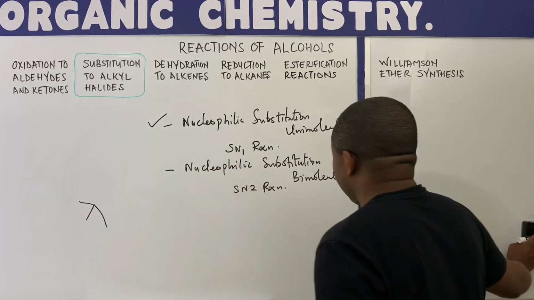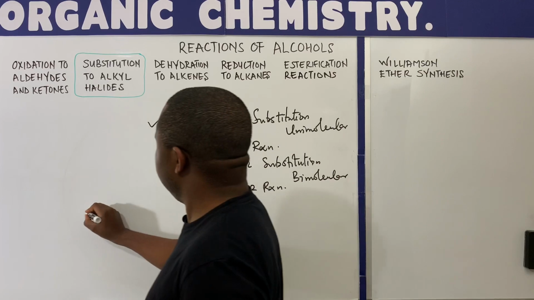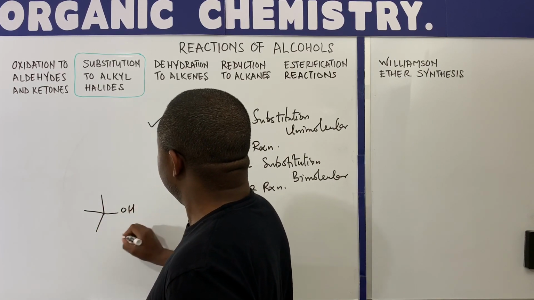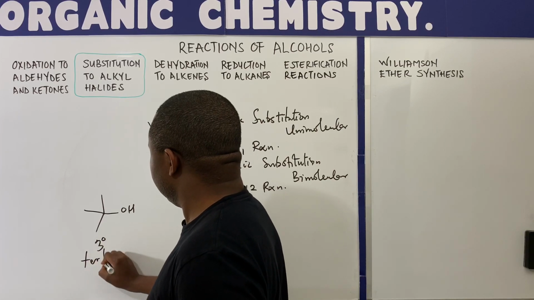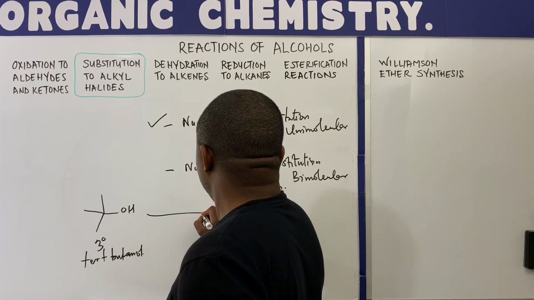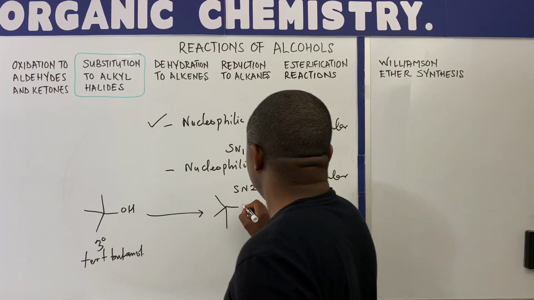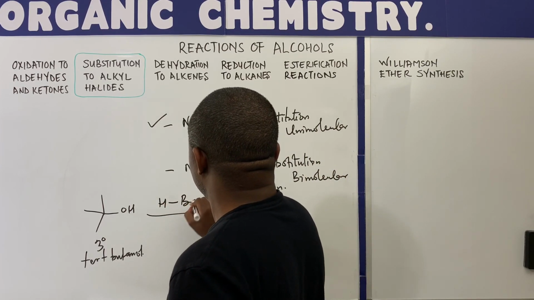So let's say we have something like this. This is a tertiary alcohol and it's butanol. We can convert this to a tertiary alkyl halide like this using HBr.